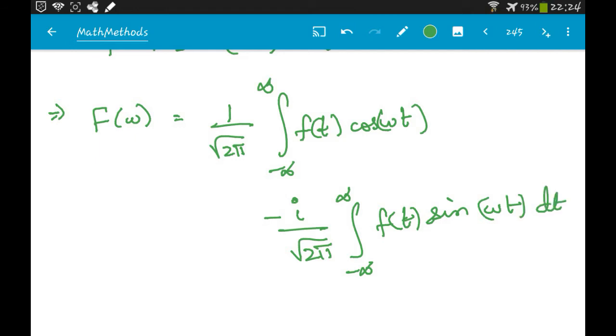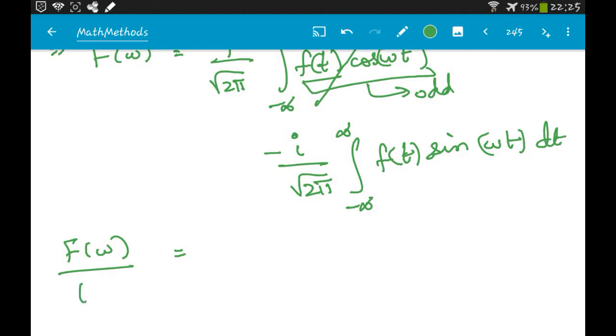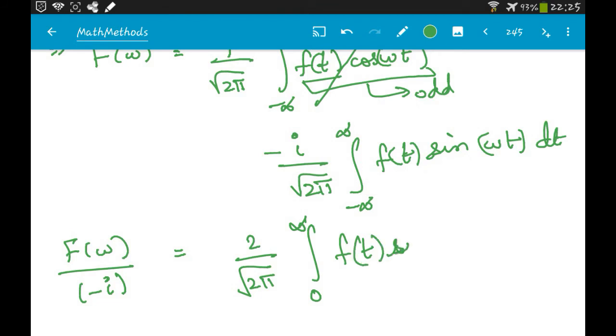Okay, so because f of t is odd, this first integrand becomes odd, and so this integral turns out to be 0, and you are left with F of omega by minus i equal to 2 by root over 2 pi, integral from 0 to infinity, because we have already multiplied 2, f of t sin omega t dt.